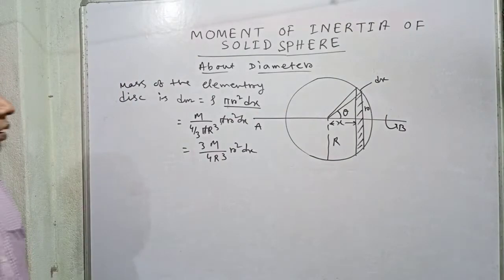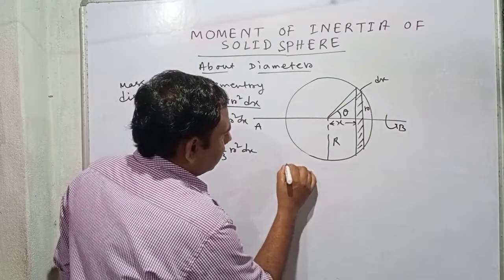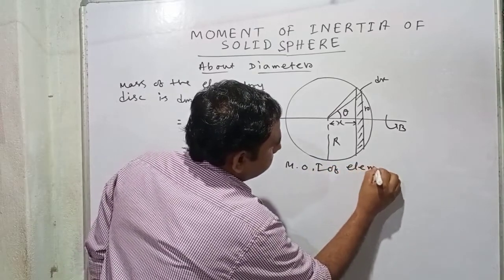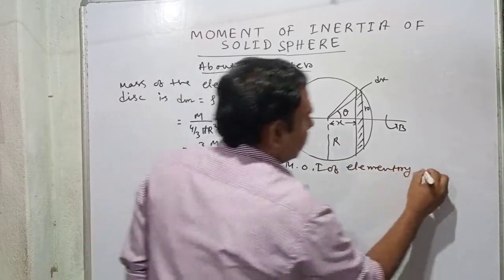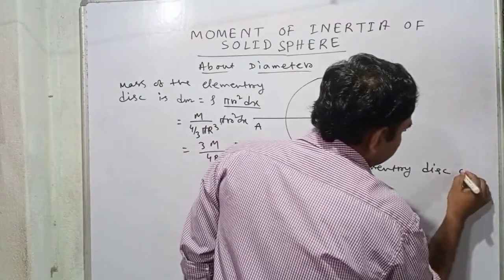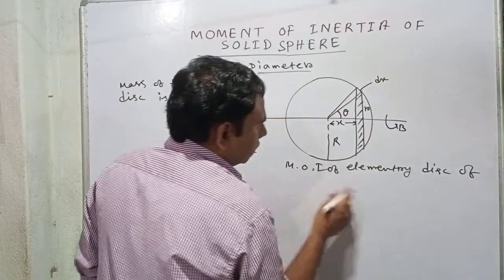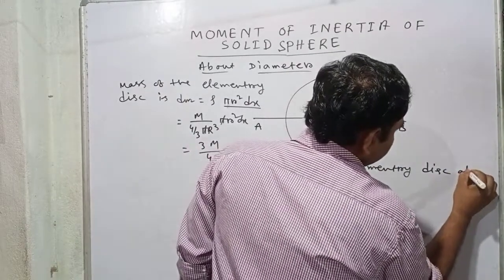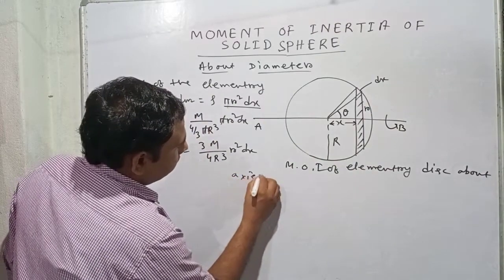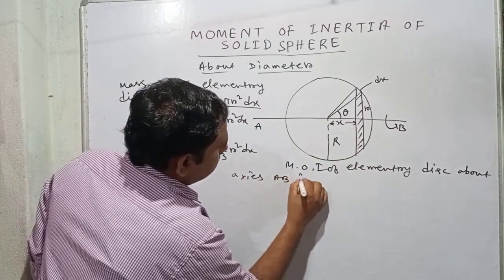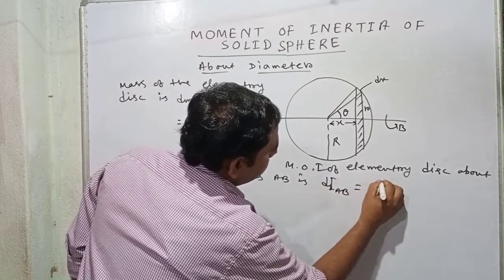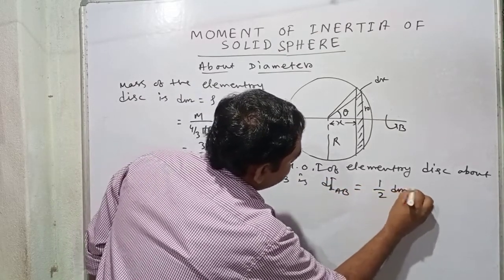Let's find the moment of inertia of the elementary disc about axis AB: dI_AB equals half of dm into r square.